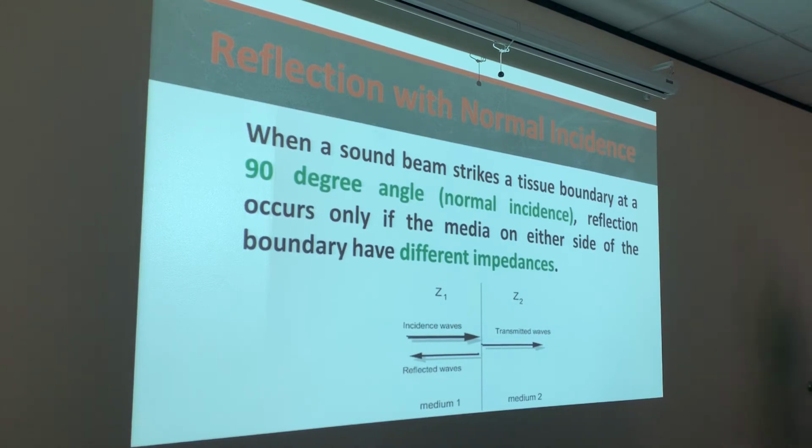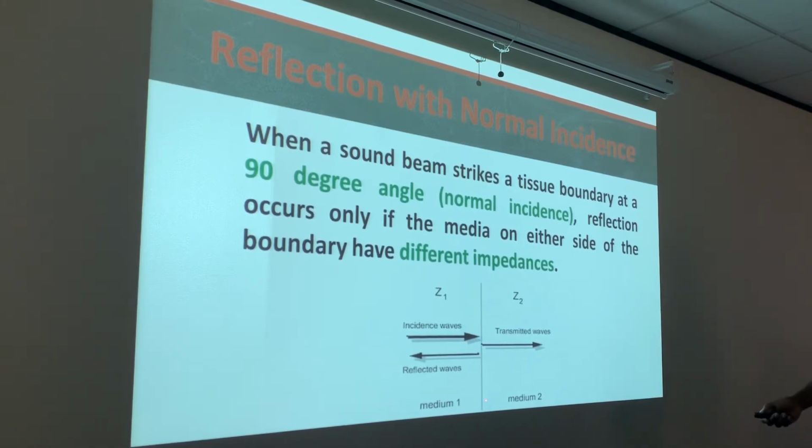Reflection occurs if the media on either side of the boundary have different impedances. If we're going from soft tissue to soft tissue, we may not get a reflection. It has to be a different impedance, a different resistance to sound, for us to get a reflection at the boundary.